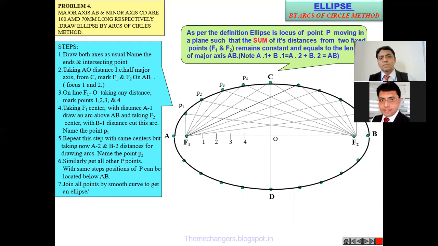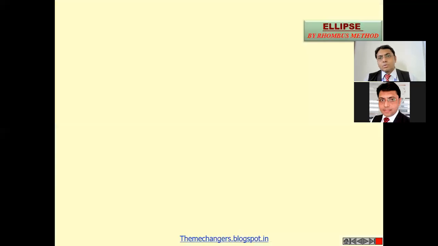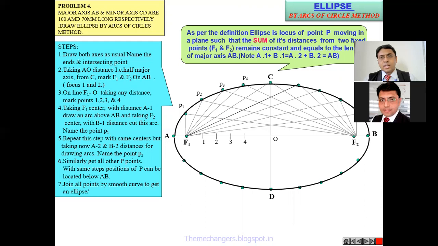Taking F1 as center with the distance A to 1, draw an arc above AB, and taking F2 as center with B to 1, the same distance, cut this arc and name the point P1. Likewise, the common points P2, P3, P4 are identified, and this is followed for the right side and the bottom two half sections of the major and minor axis. With the help of this, the arc of circle method is used for constructing an ellipse.